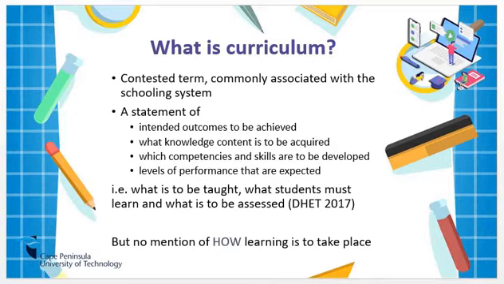So, in other words, their definition is curriculum is about what is to be taught, what students must learn, and what is to be assessed. It seems very straightforward, but a problem I have about that is it makes no mention of how learning is to take place. So it's all about the what, but not about the how.